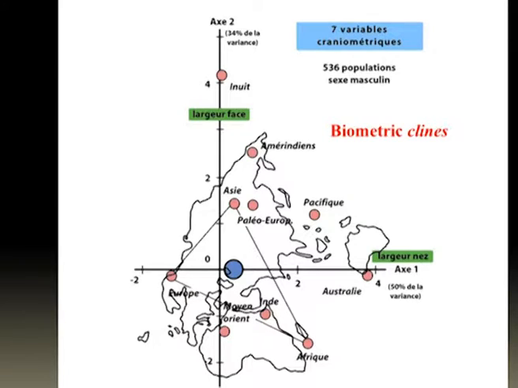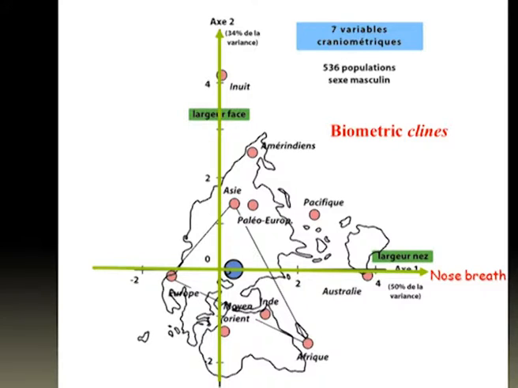And what can be noted is that there is a continuity, a genetic cline, which also includes morphological clines. On the first axis of this multivariate analysis, you can see that nose breadth is the main component, and you go at the left from people with narrow noses up to people with very wide noses, which is also a northern to southern gradient.